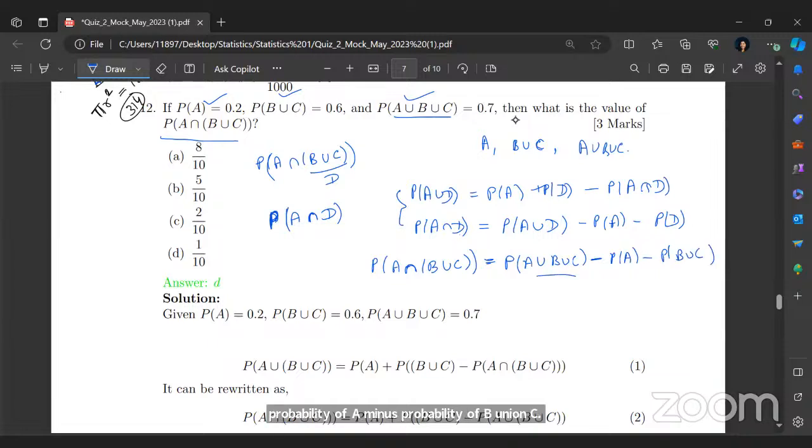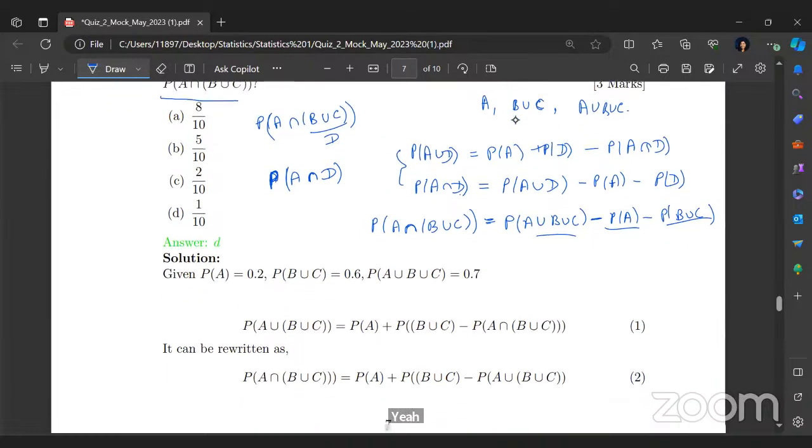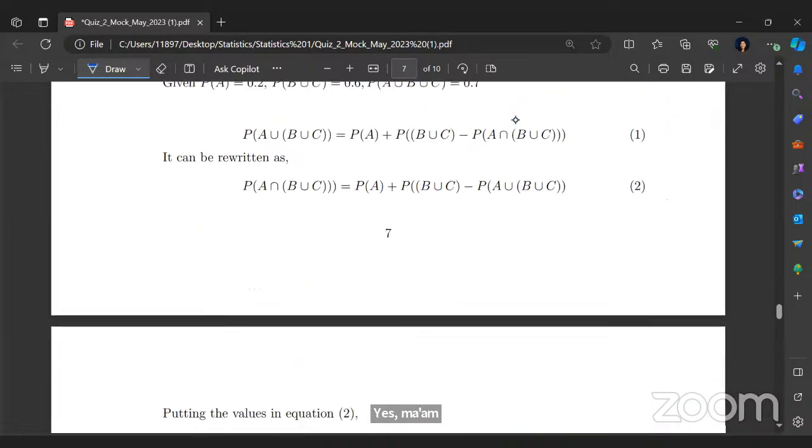This is 0.7, this is 0.2, this is 0.6. So this will give you the required probability. Is it clear? Yes, ma'am. Okay, you just substitute it. You will get the answer as 1 by 10.